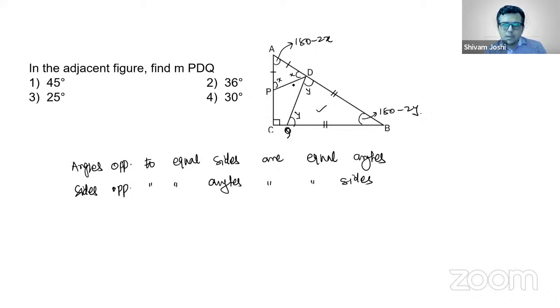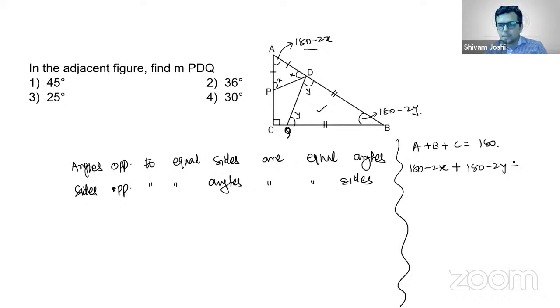Now, can we say that the sum of three angles of a triangle is 180, correct? So a plus b plus c is 180. What is a? 180 minus 2x. What is b? 180 minus 2y. What is c?